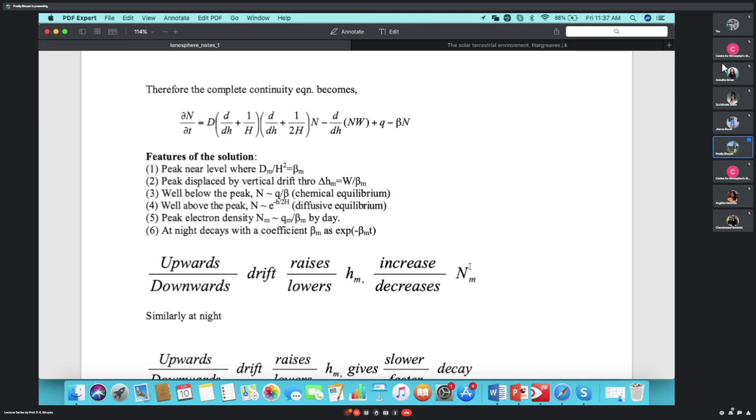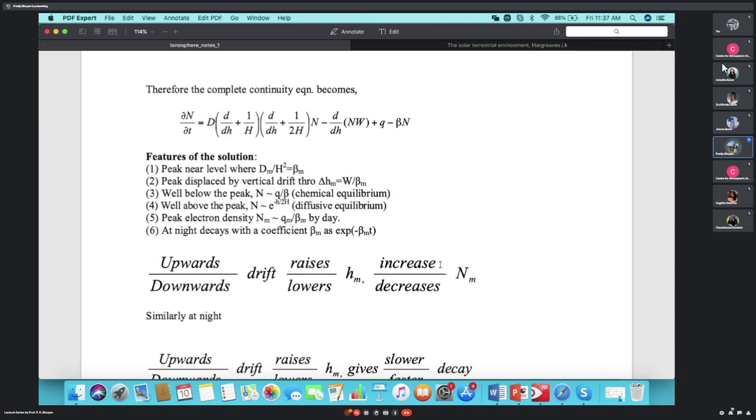Why? Because, as we have said, it will be under diffusive equilibrium, and also because your recombination is much less. The rate of recombination of ions and electrons will be less.